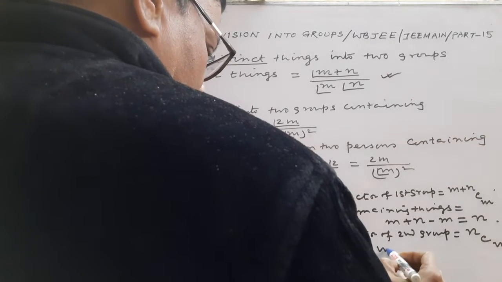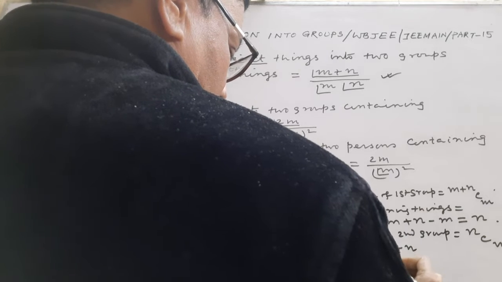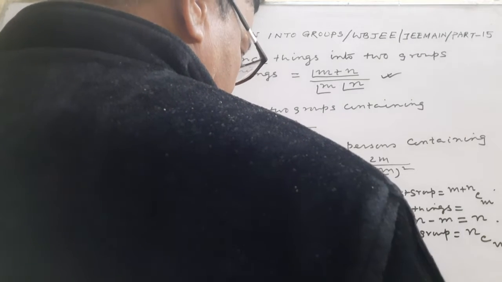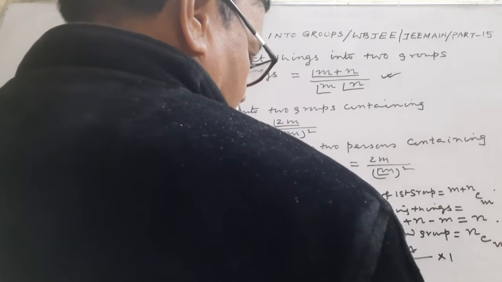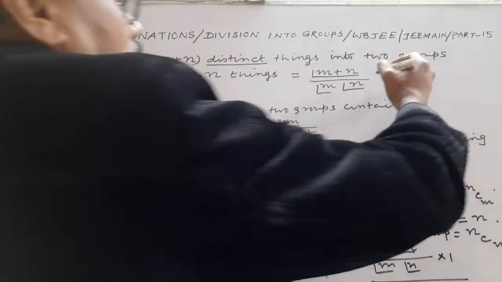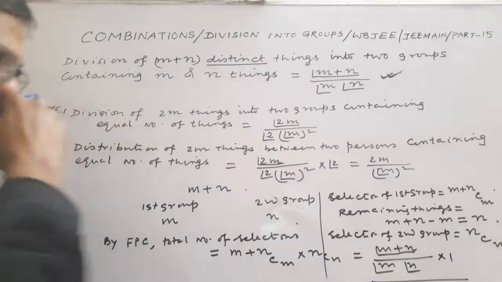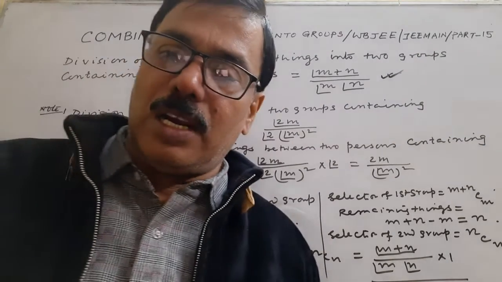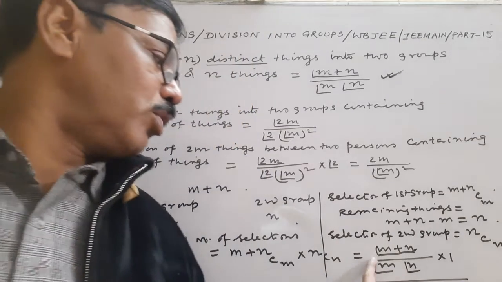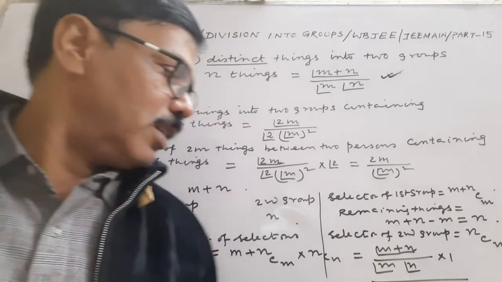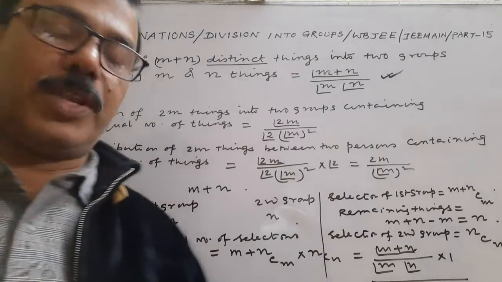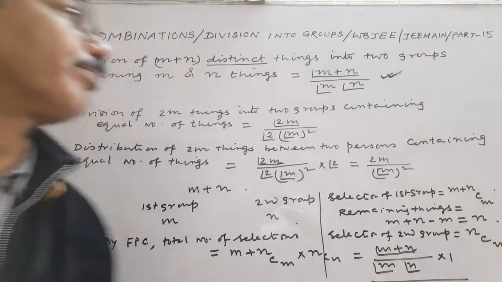Now if we expand, this is factorial m, this is factorial n, and n c n is 1. So look, we are matching with this. So very simple theory: factorial of total number of things by factorial of number of things in each group.